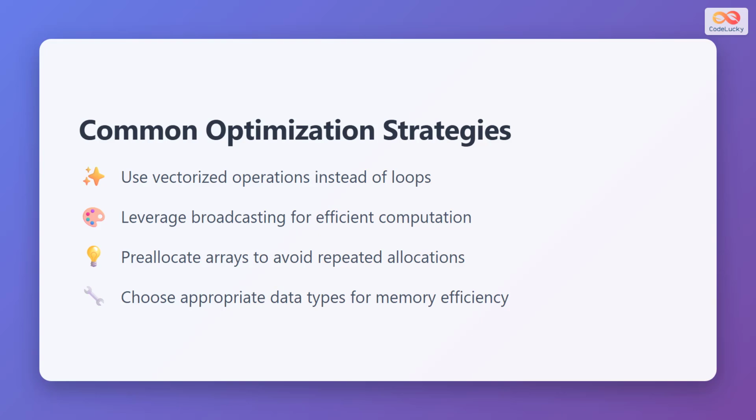Third, pre-allocate arrays whenever possible to avoid repeated memory allocations, which are expensive. Finally, choose appropriate data types for memory efficiency. Using smaller data types like int16 or float32 can significantly reduce memory usage when you don't need the full precision of larger types.